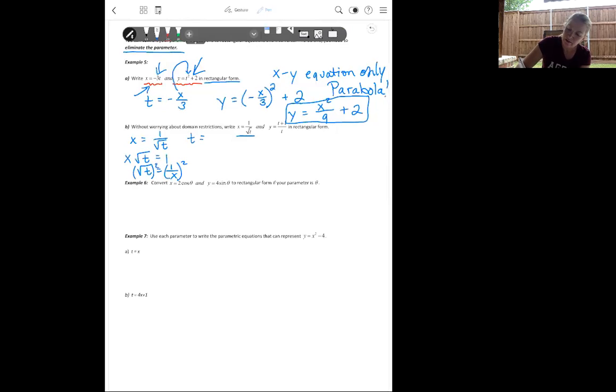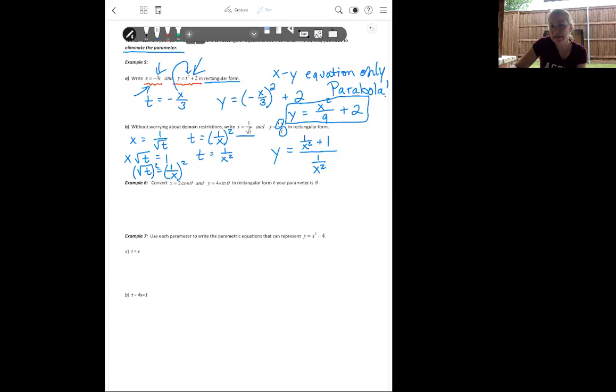So t equals 1 over x, quantity squared. So t equals 1 over x squared. We now take our value for t and plug it in for t in our y equation. So y equals 1 over x squared plus 1 divided by 1 over x squared.